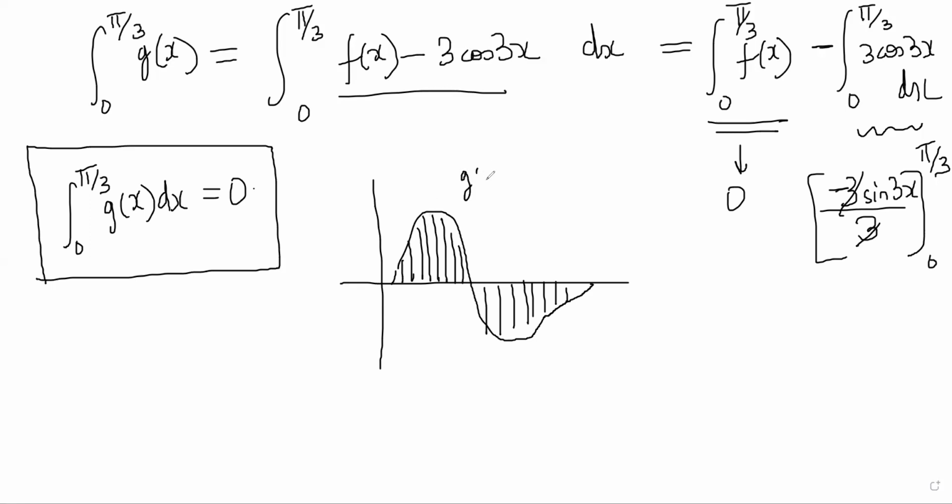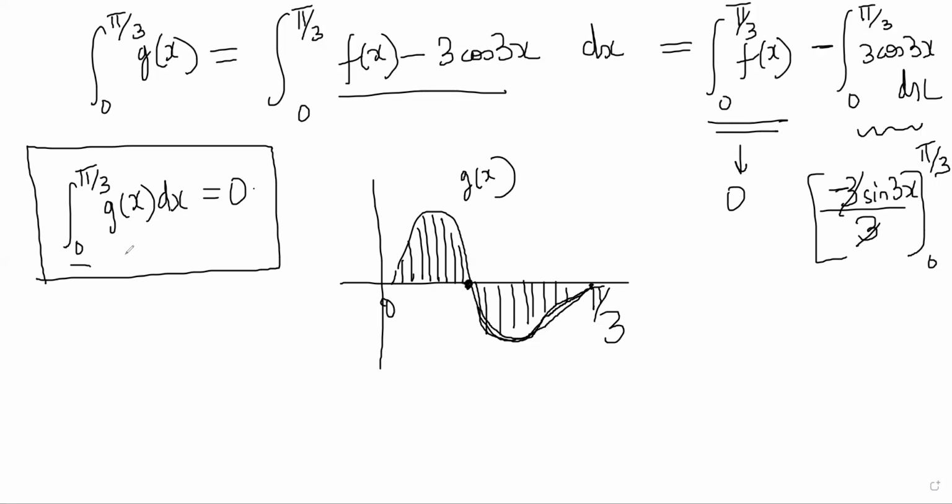So that means g of x is such a function that it must have a portion above the x-axis, where it is positive, and also some portion below the x-axis, and only then is the total area from 0 to pi by 3 equal to 0. But that means the function must cross the x-axis somewhere between 0 and pi by 3, right? It must cross the x-axis at some point, and then only will it go to the negative side.